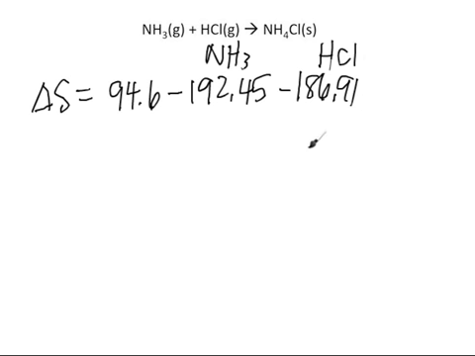So now this gives us an answer of about minus 284 joules per Kelvin. So we need to do T delta S.